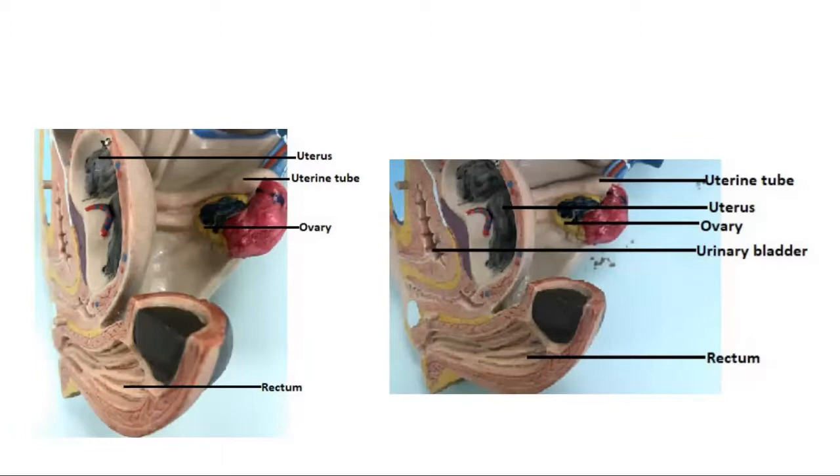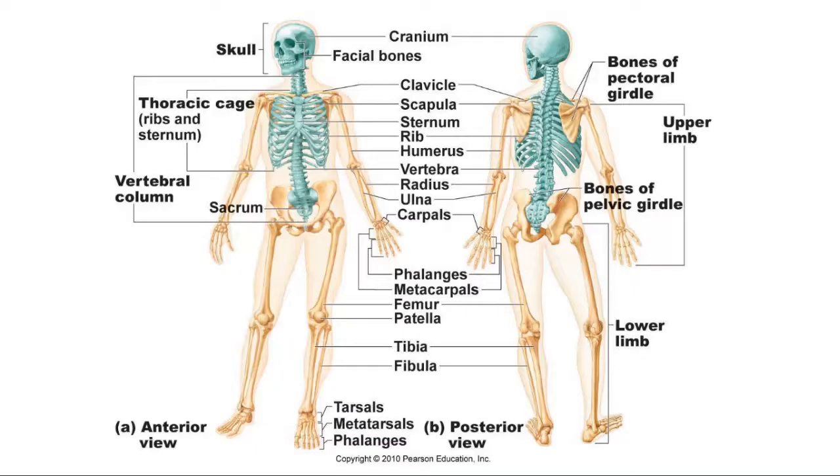Here this part is the uterine tube, and here you also see the uterus, ovary, urinary bladder and rectum. And these are the appendicular and axial skeleton. Remember the names of the bones present in this, and the joints.